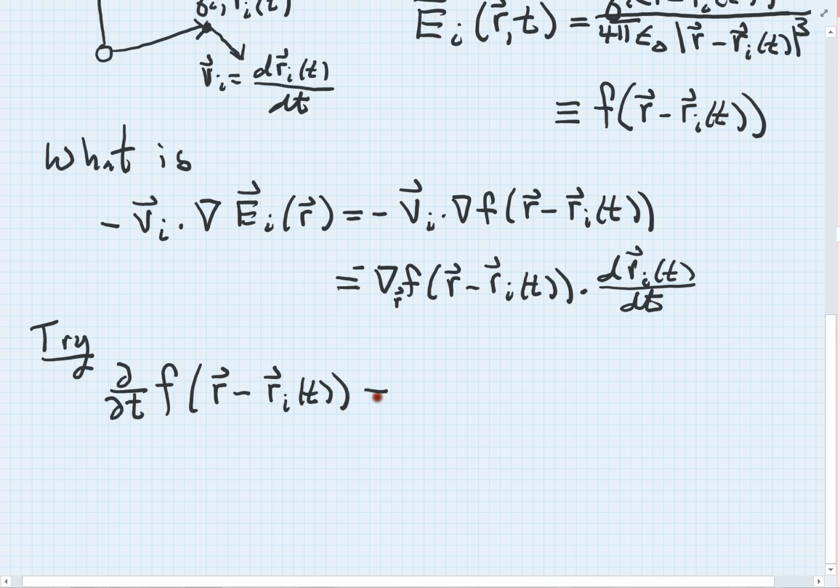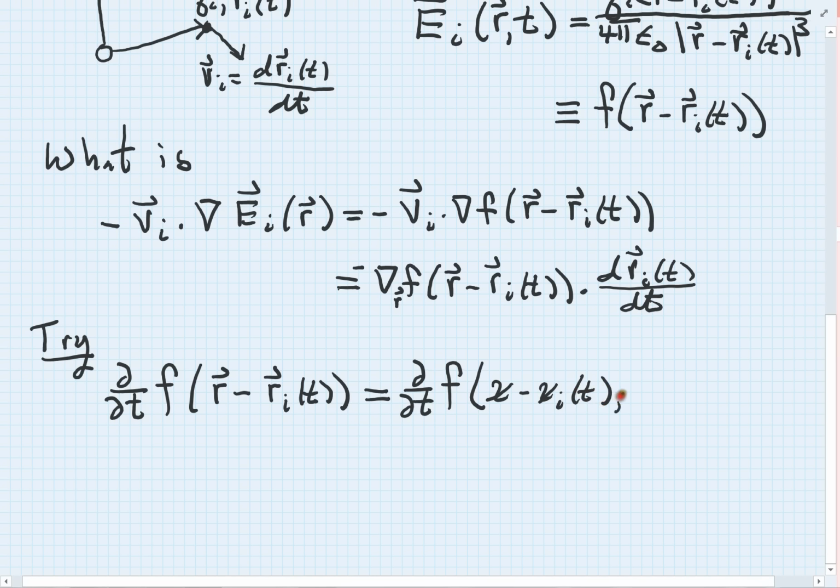Now, if I were to do that, I'm going to write this out in component form to try to understand the identity better. That would be the time derivative of f, where the x component that goes into the argument of the function f is just my position x minus the x position of my particle at time t.